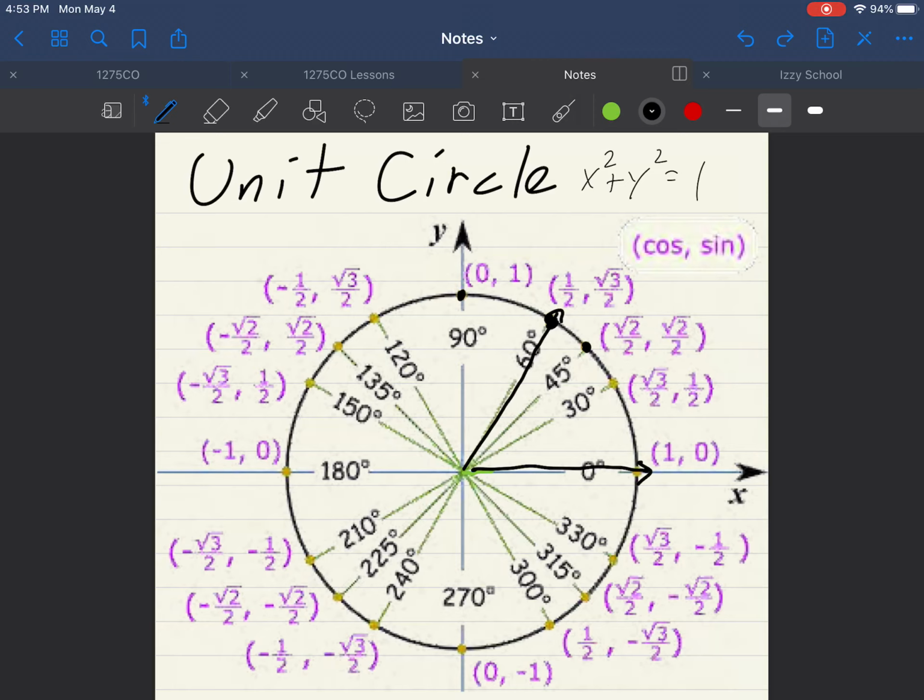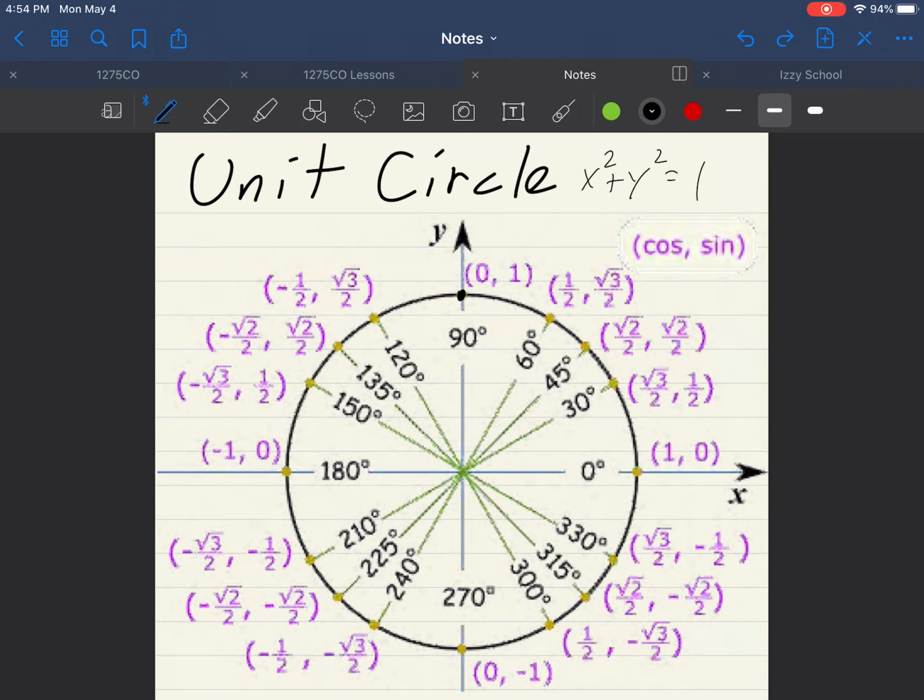And what happens is that this 1/2 is actually, if these two lines form a 60-degree angle, that means that the cosine of 60 degrees is equal to 1/2, and that means that the sine of 60 degrees is equal to radical 3/2. So what the unit circle does is tell us the values of the sine and cosine functions at these particular angles.